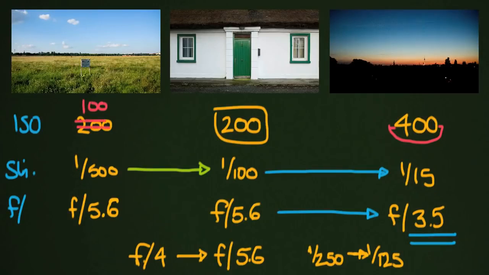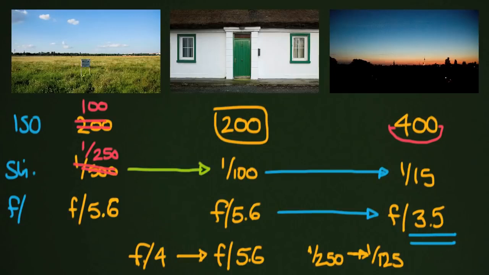So if this was 100, for example, right here, instead of 200, you would then have to change this shutter speed and cut it in half, or you'd have to double it, I guess. So it's kind of hard to explain with these numbers, but if you were to move this down to 100, you would have to move this shutter speed up to 250th, because in this situation you have doubled the amount of time that you need to expose that image.